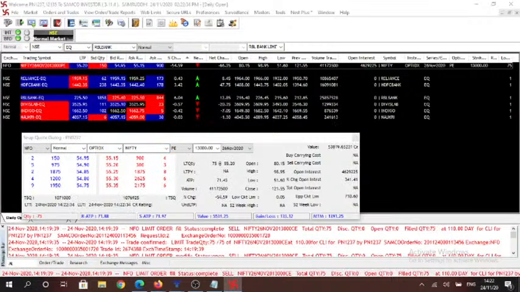HDFC Bank is at 1 week highs. Today has been a very choppy day. By that I mean it was sideways for most of the day.